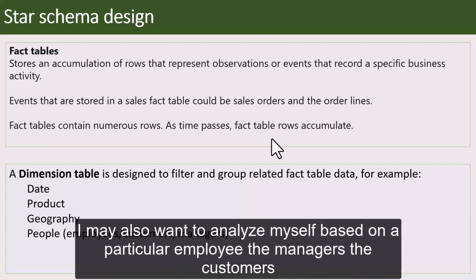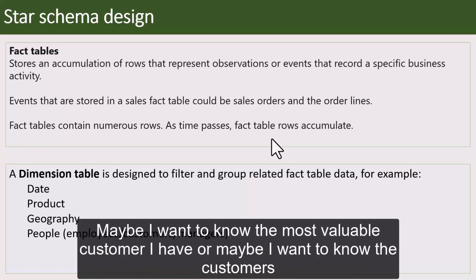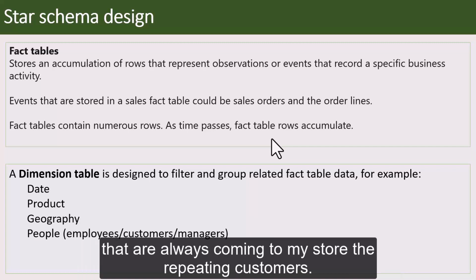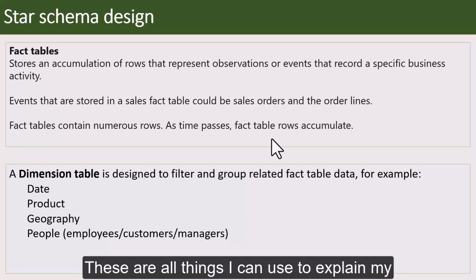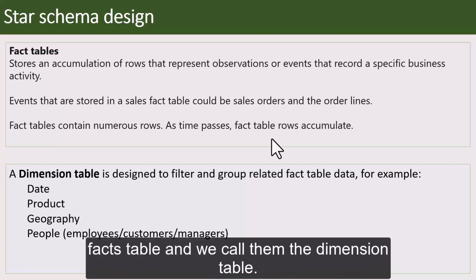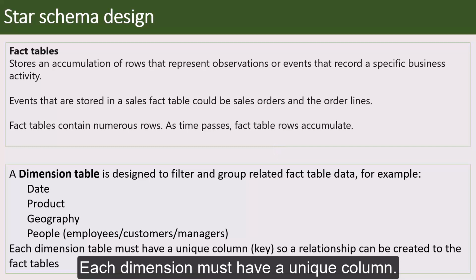I may also want to analyze my sales based on a particular employee, the managers, the customers. Maybe I want to know the most valuable customer I have, or the customers that are always coming to my store, the repeating customers. These are all things I can use to explain my fact table, and we call them the dimension tables.